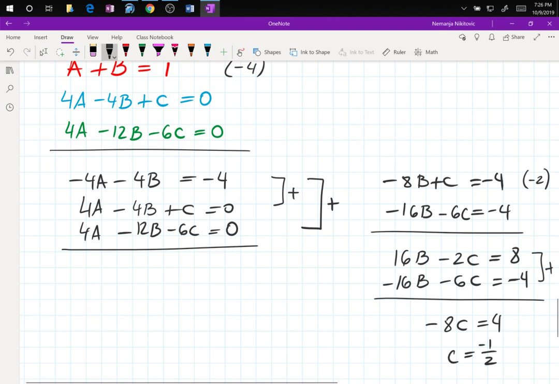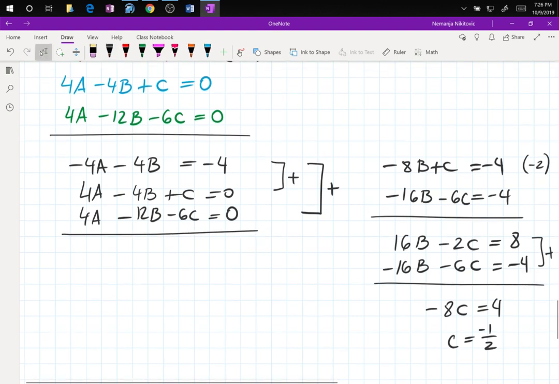And now I bring that one to calculate b, and then eventually calculate a. So from, let's say, this equation here, I just plug in because -1/2 will kill the 2. Perfect. So 16b minus 2 times -1/2 is equal to 8.